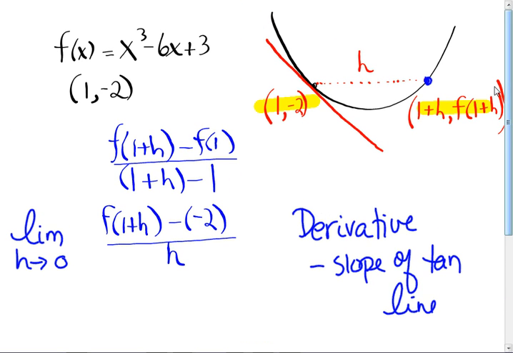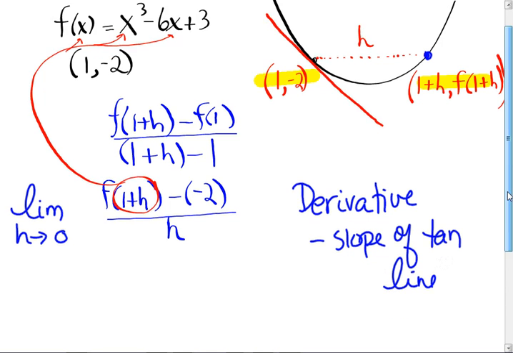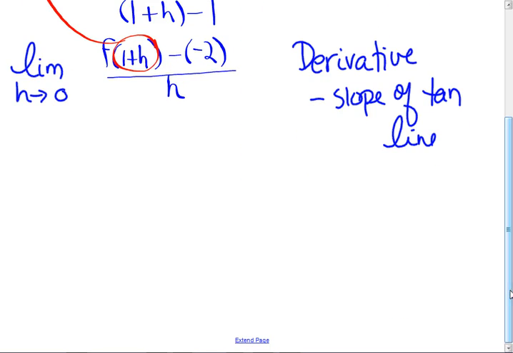So what am I going to do with the 1 plus h? This 1 plus h, I'm going to put it right in there, right? Oh, and there. So you're going to substitute 1 plus h into our function. Now I'm writing so big, I'm going to have to hopefully remember what it is. Okay, so it's 1 plus h cubed, right?